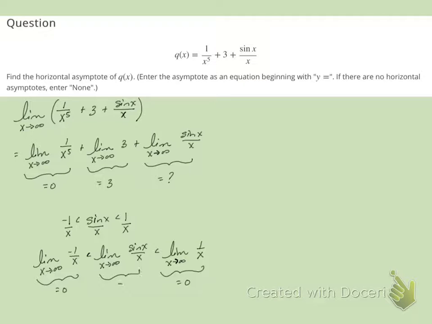So this has to equal 0. And so 0 plus 3 plus 0, we then have this limit equaling 3.